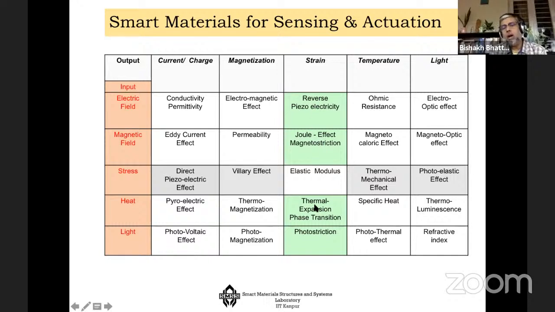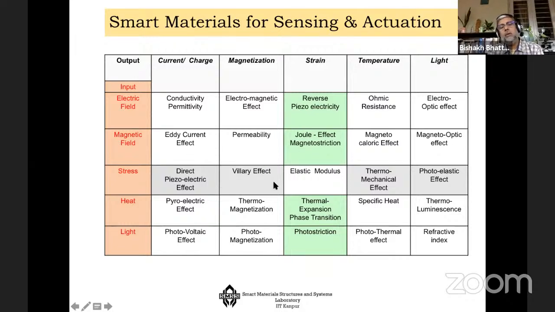So in this column, apart from the central material, in all the others you are applying a non-mechanical energy as input and getting the output in terms of some deformation, which means the materials here actually work like actuators.